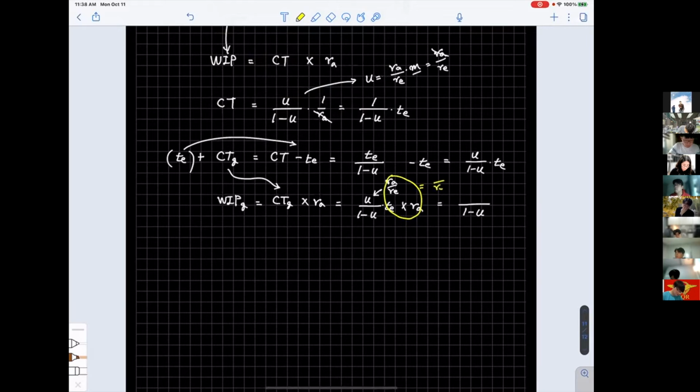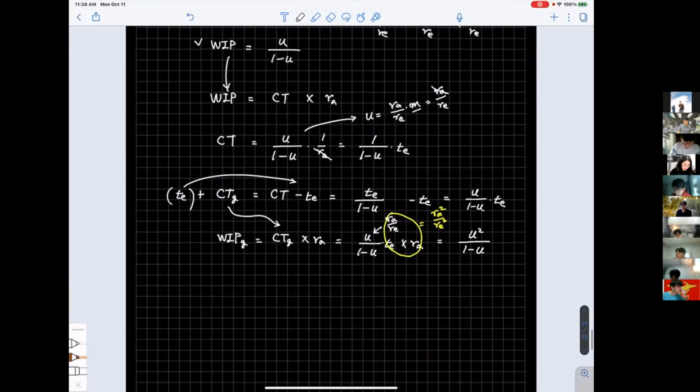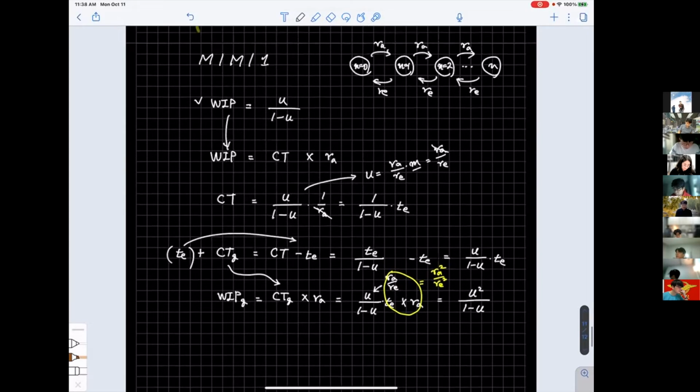It is a very simple calculation. So this becomes U squared over 1 minus U.